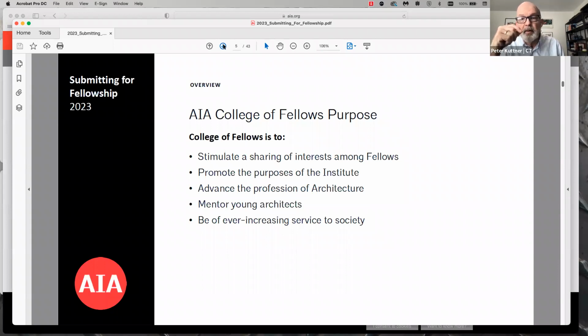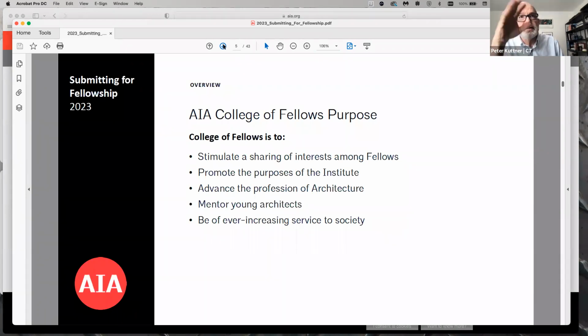We still want to promote the AIA, and so we're out in the forefront of the AIA, whether we're older and being recognized for things we've done over a long career, or we've done something more recently that's of particular value to the AIA. And we clearly want to advance the profession. One of the biggest things we focus on is mentoring younger architects and supporting research.